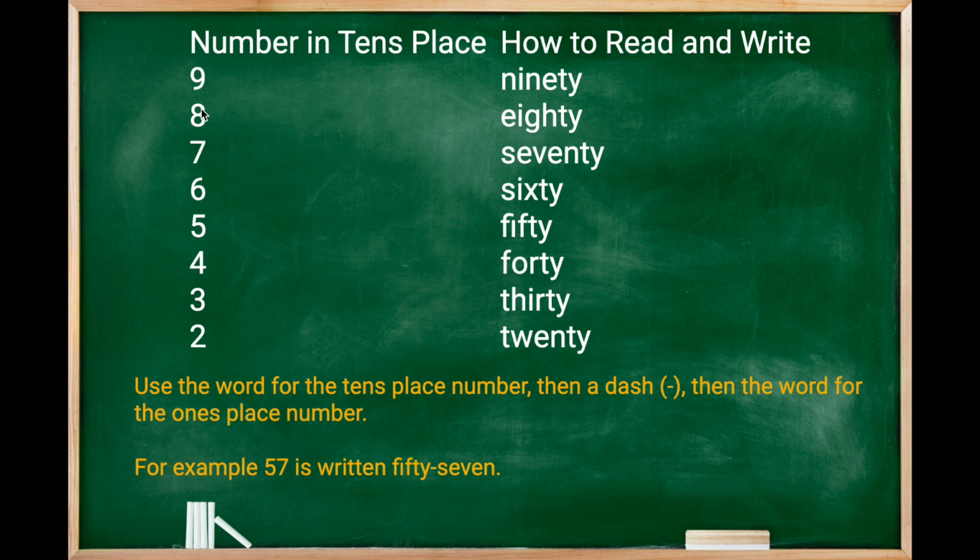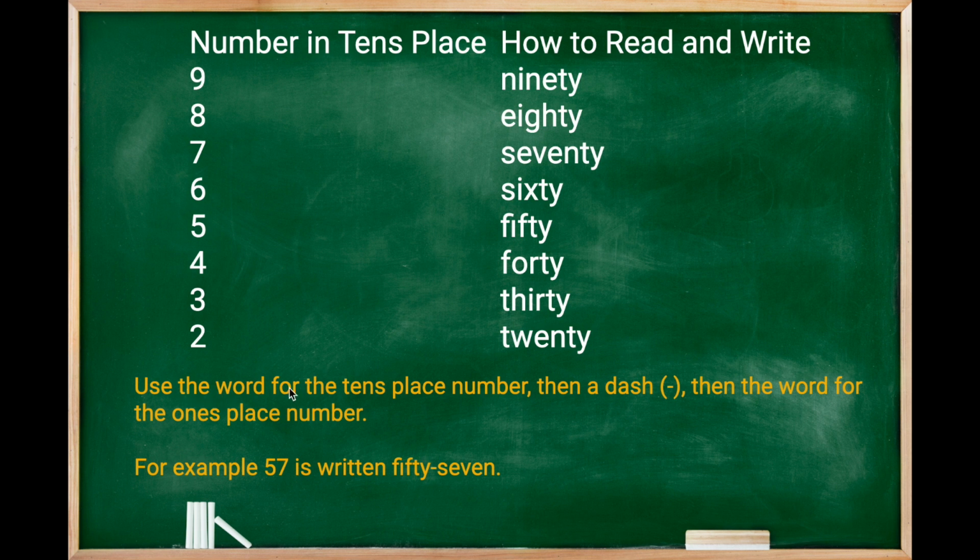So if you have numbers 9, 8, 7, we read them as 90, 80, 70, all the way to 40, 50, 60, 70, 80, 90. 30 is also another exception. We don't call it 3T, we call it 30.